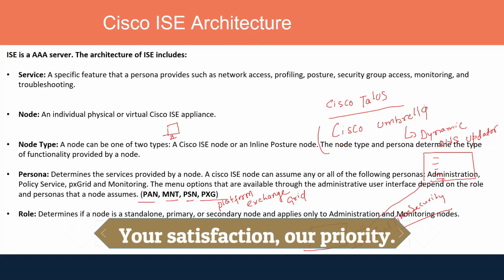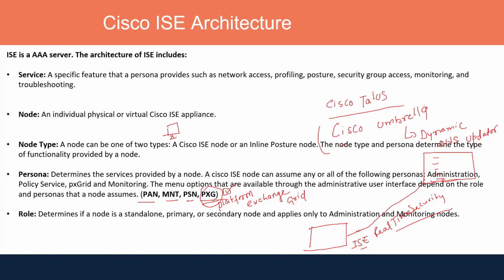To have this kind of integration, we have to enable the pxGrid persona. Without this, I won't be able to integrate my Cisco ISE with third-party devices or services for the security feeds. You got my point? So pxGrid is used to control and facilitate pxGrid publishing and subscription of third-party topics.